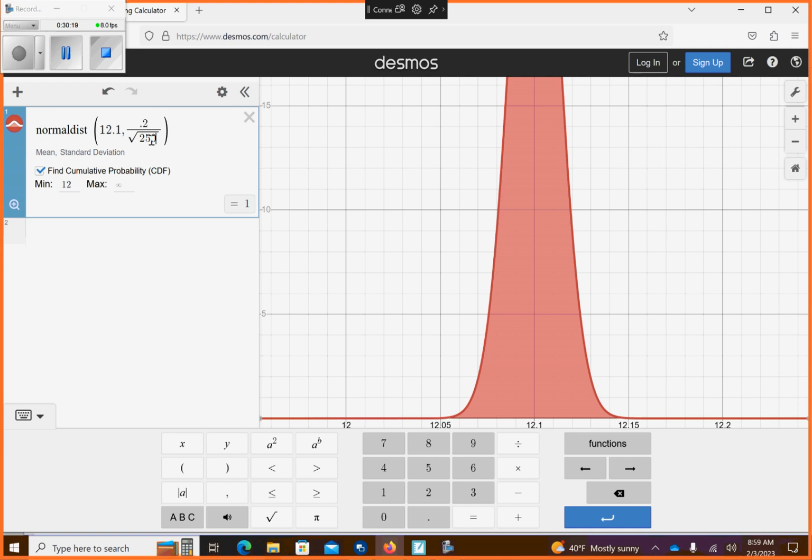Now, the big key on the central limit theorem, your sample size that you select has to be 30 or larger. If it's less than that, there's a different statistical test that we're going to learn later in the year. But as of right now, we have to have 30 or more items in order for us to say, yes, this is approaching a normal distribution, or no, it's not. Okay? Does that make sense?